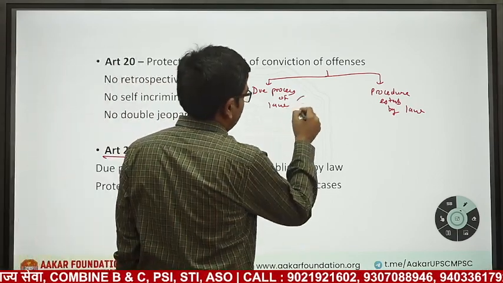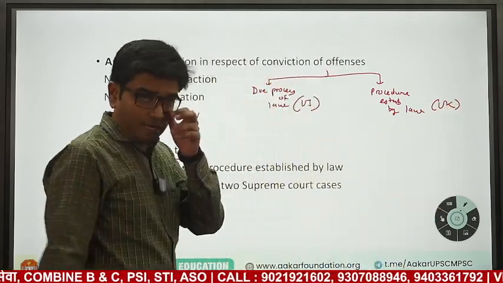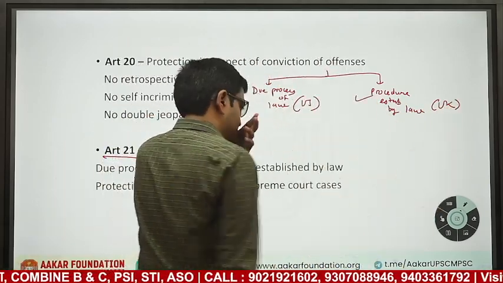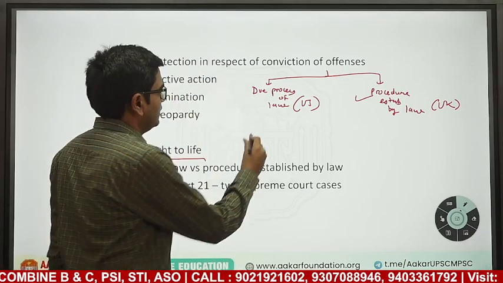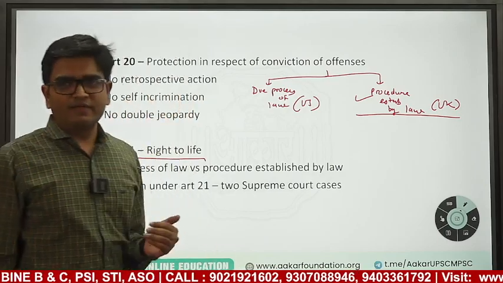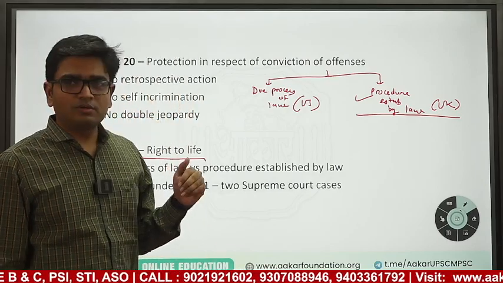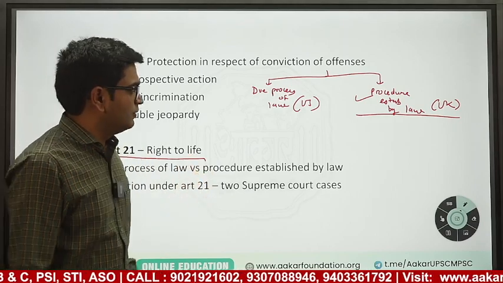Again, this is coming from the US, this is coming from the UK. What we have been following is this. So what is the difference? The difference is that in procedure established by law, you need to check if any right is violated. For example, the right to life is violated against a certain thing.